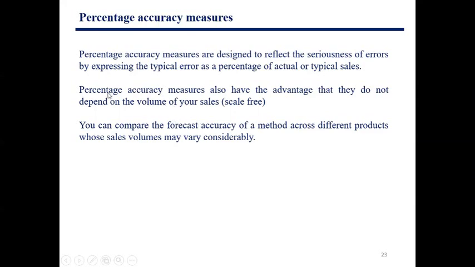And here, the percentage errors are what we call scale-free because there is no unit. It's a percentage. So you can compare between many products. It means, you can compare the accuracy of forecast for your water, for your chocolate, for your bread. It's scale-free, it's a percentage.